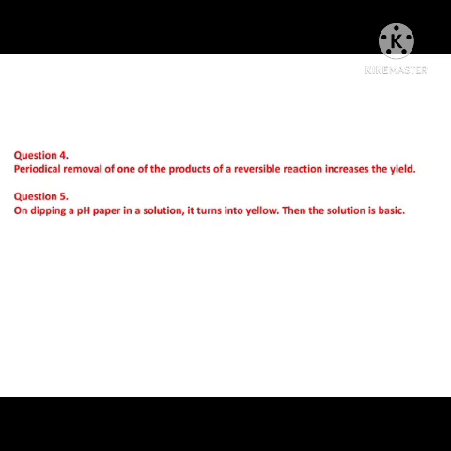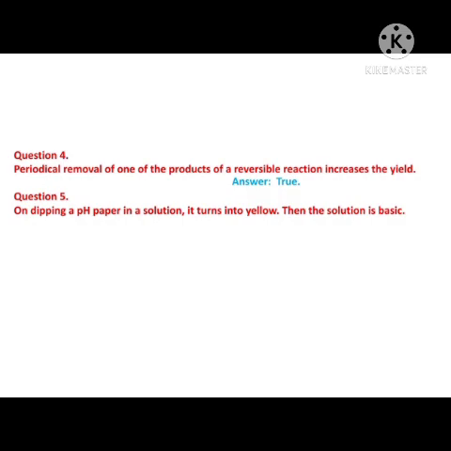Fourth question. Periodical removal of one of the products of the reversible reaction increases the yield. Yes, that is true. For a reversible reaction, if you periodically remove one of the products, that definitely increases the product.